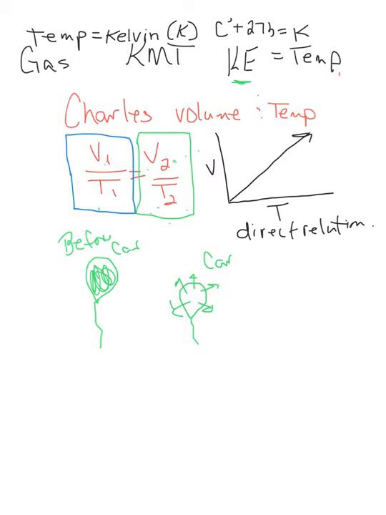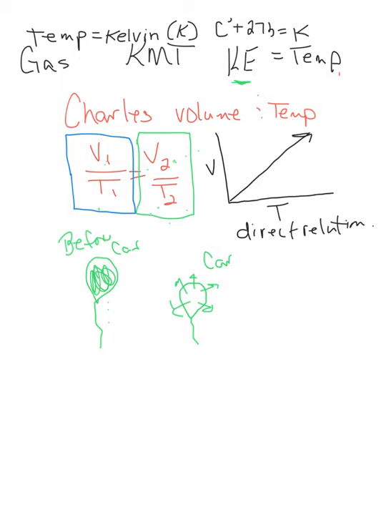It pops. Vice versa, you might not have ever tried this one, but I challenge you to try it. If you take a balloon, blow air into it, and put it in a freezer, now we're decreasing temperature, so we should see a decrease in volume.